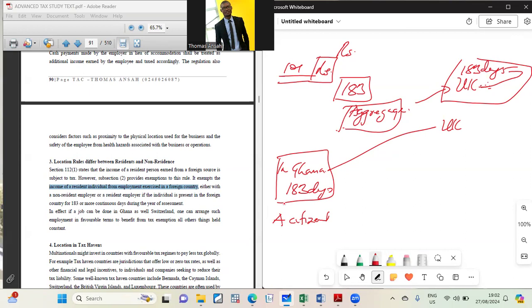So a citizen is a resident. But I can be a citizen of Ghana, employed in UK, and the sole reason why I'm in UK is to work for the employer who employed me there. In that case, even though I am a citizen and I don't have a permanent home in UK, my salary will still not be taxed in Ghana. I hope you understand. If you don't understand, let me know. Let me clarify where you don't understand.